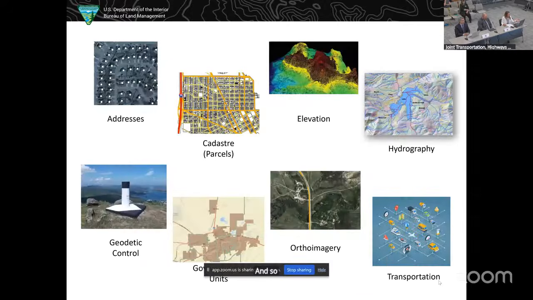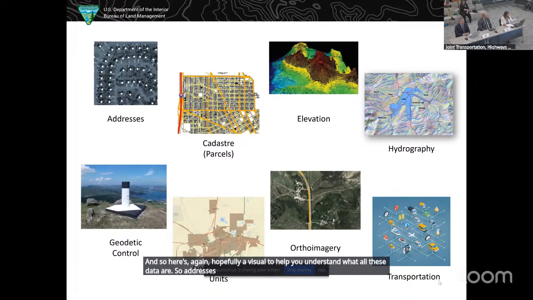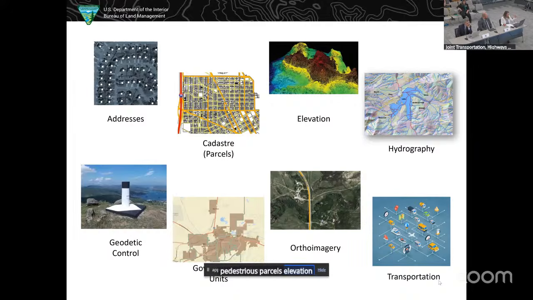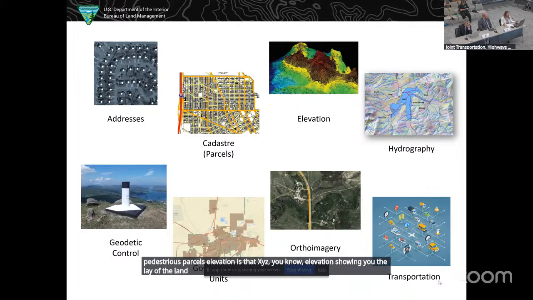And so here's, again, hopefully a visual to help you understand what all these data are. So addresses are XY coordinate with the building number and street name. Cadastre is parcels, elevation is that XYZ elevation showing you the lay of the land. Hydrography is information about water.